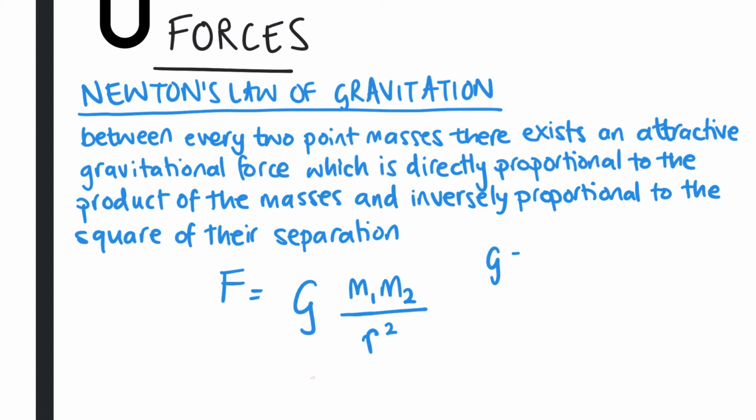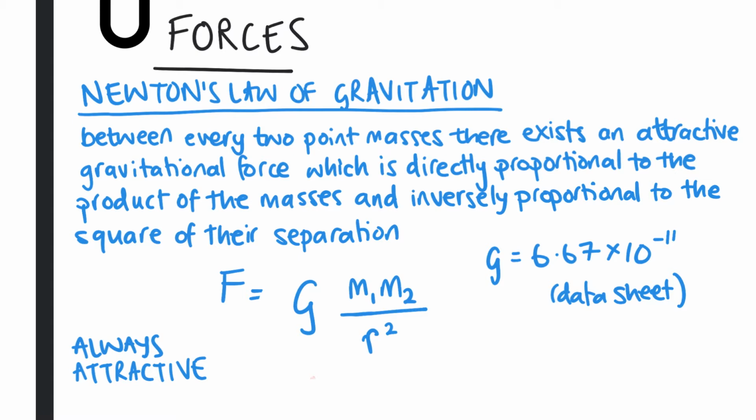This has a value of 6.67 by 10 to the minus 11, and that value is given to you on your data sheet, so you don't need to memorise that, but you do need to be able to use it. It's important to understand that when we're talking about the force between masses, this force is always attractive.